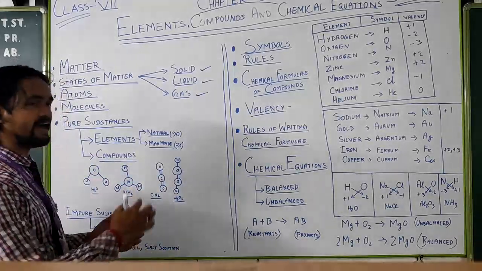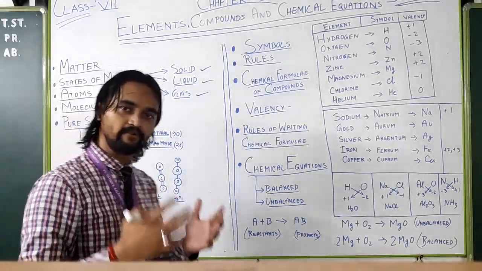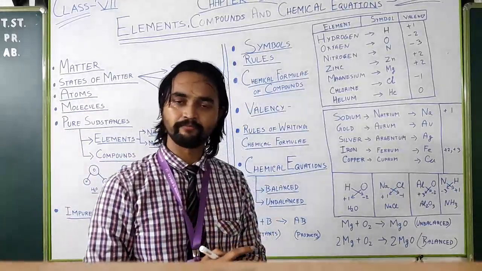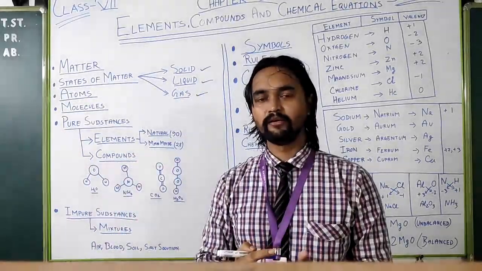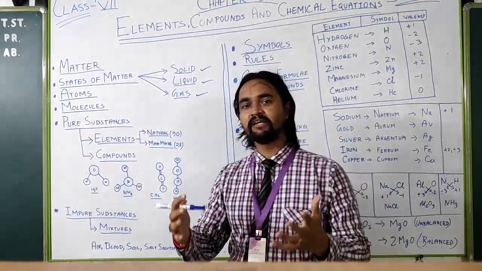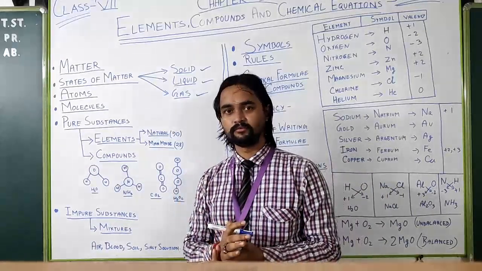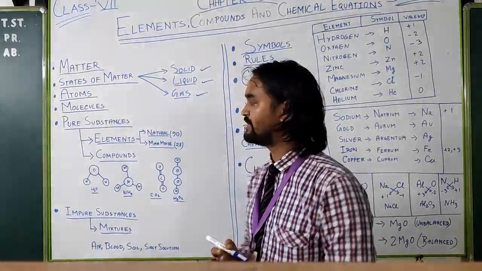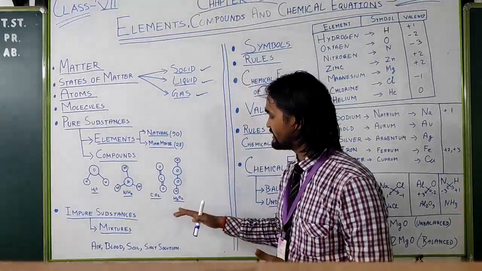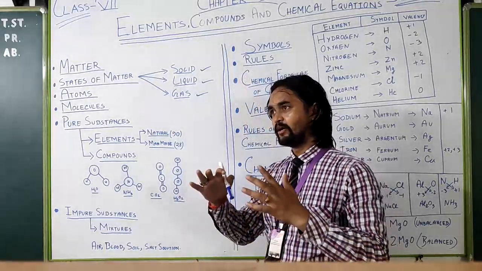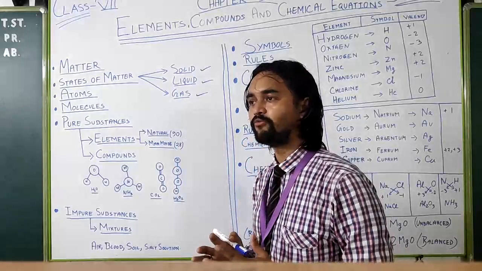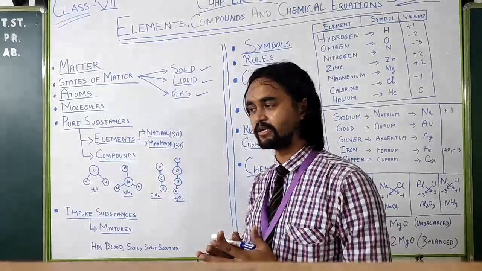Similarly, we have 26 alphabets in our English literature, and we can make unlimited number of words. That means by using 26 alphabets, we can produce unlimited number of words in English literature.